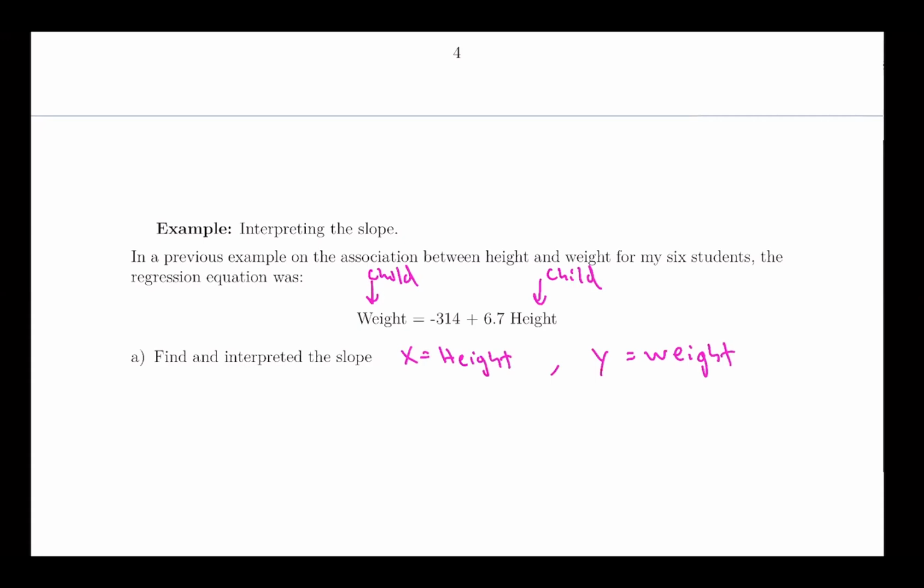All right. So now that I know x is equal to height and y is equal to weight, which one is my slope? Would negative 314 be my slope, or would 6.7 be my slope? 6.7. Good job. Yeah, 6.7 is the slope.